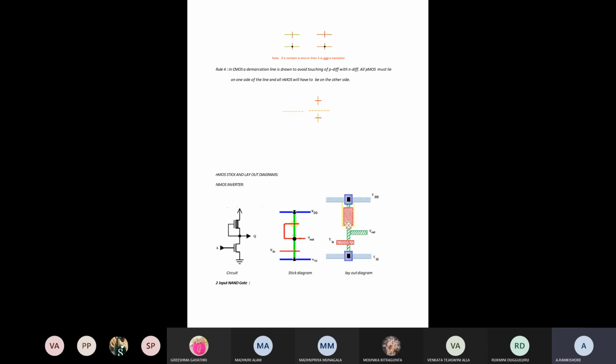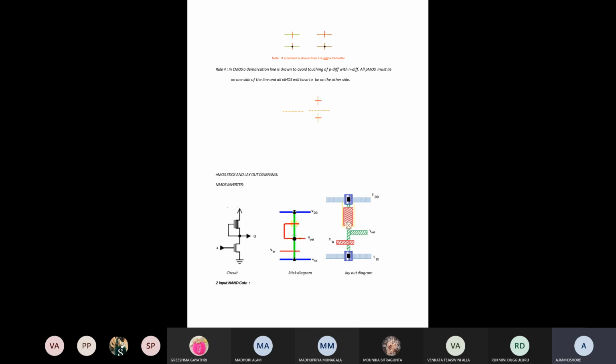Here the inverter functionality will be implemented with the help of only NMOS transistors. In the pull up case, we have to use the depletion mode transistor, and in the pull down case, with respect to ground, we have to use the enhancement mode transistor.